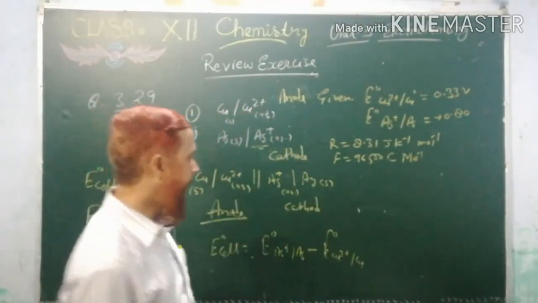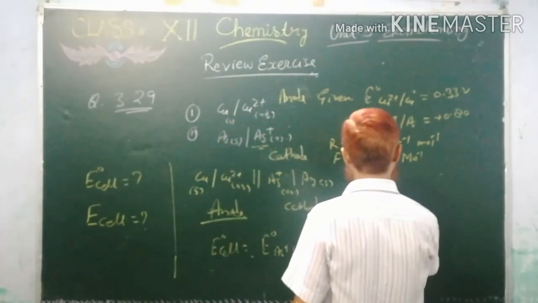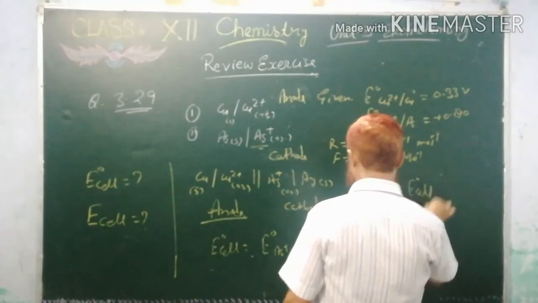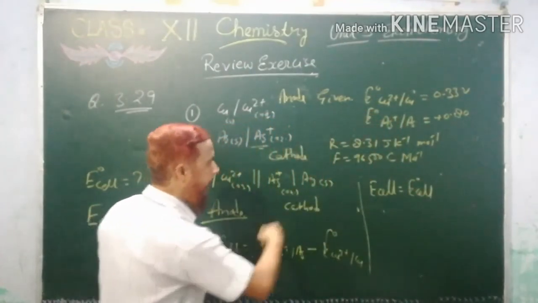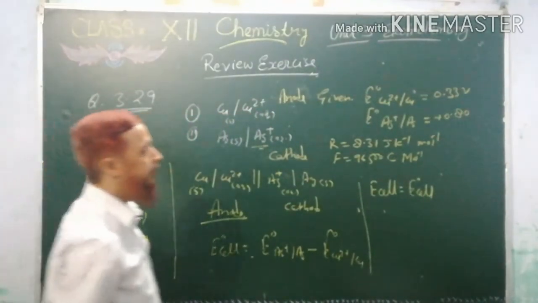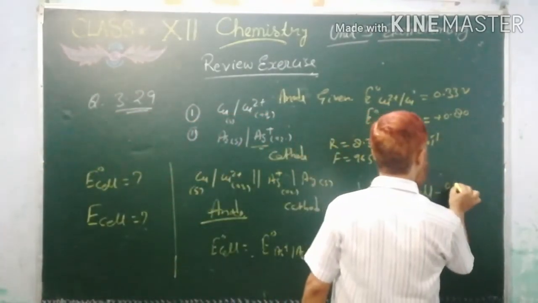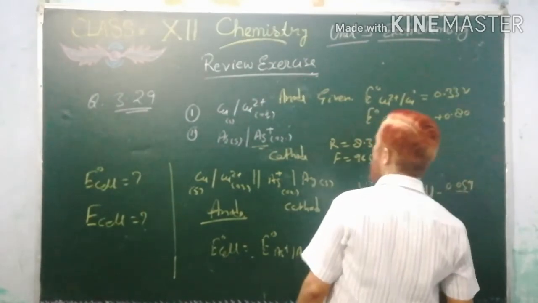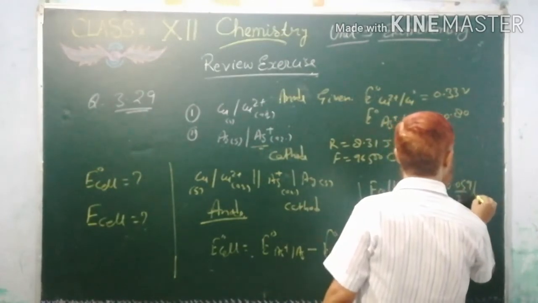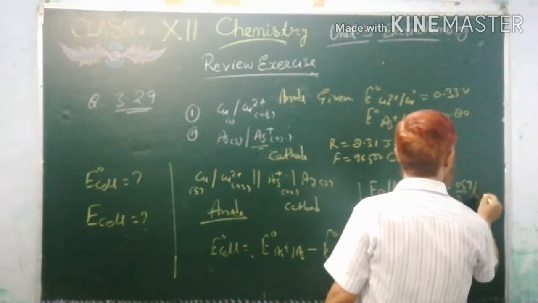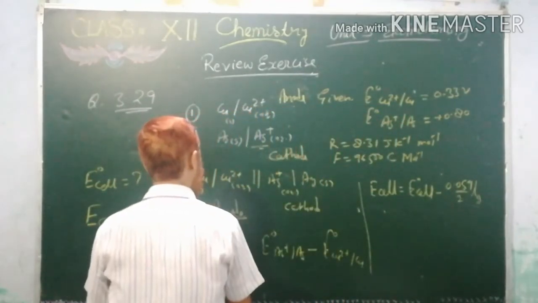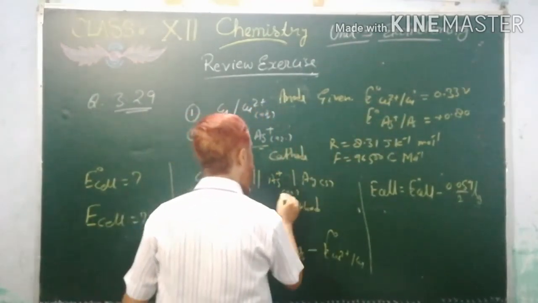And then for the EMF of the cell, E cell, we will write E naught cell, meaning whatever you get for E naught cell here, we are going to use in this to find the answer of E cell. So E naught cell minus 0.059 upon n, the value of n will be 2 electrons, so it will be 2, log of concentration, and this will be C1 and this will be C2.